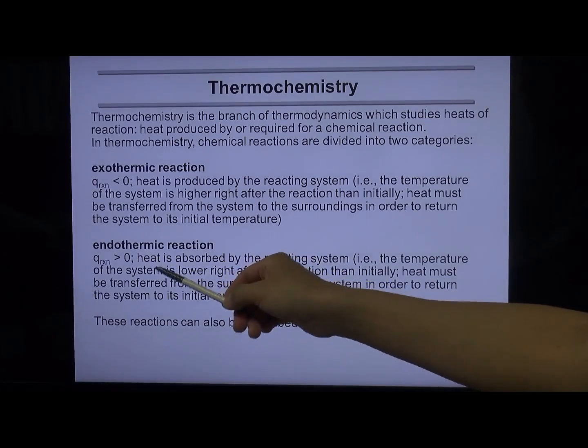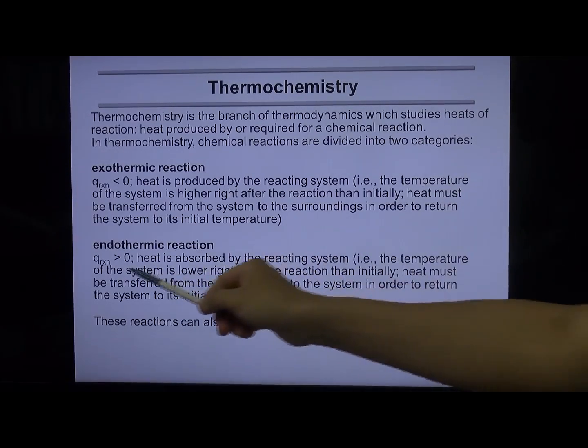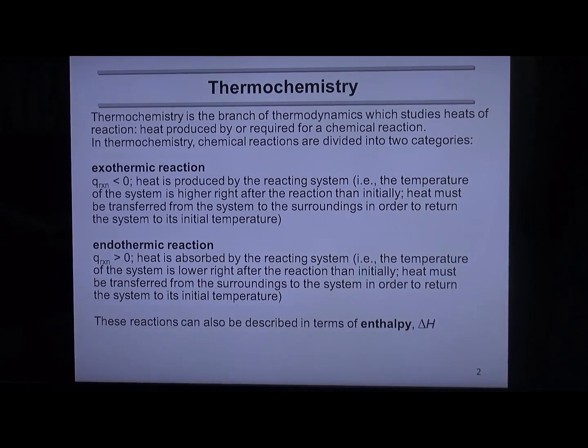On the other hand, endothermic reaction is a reaction in which heat is absorbed by the reacting system. Okay. So, in the case of endothermic reaction, Q is positive. Okay.